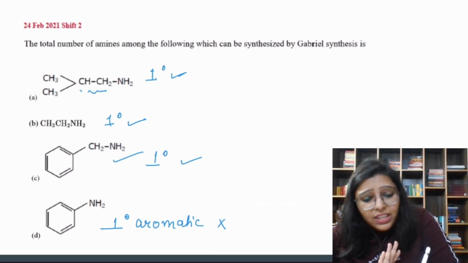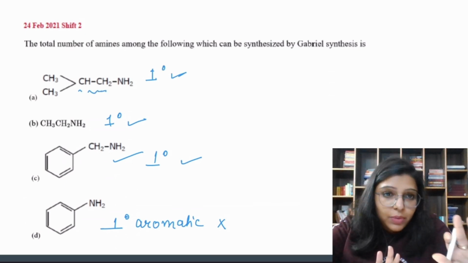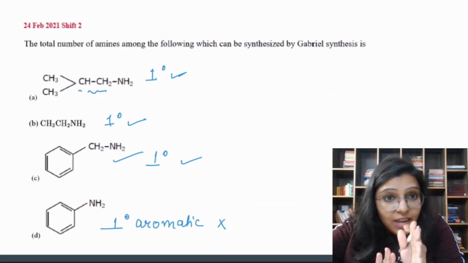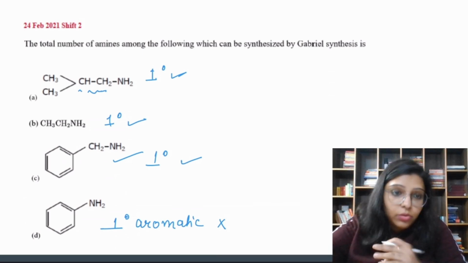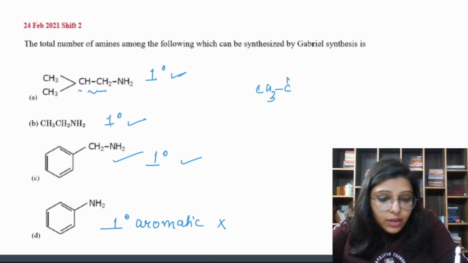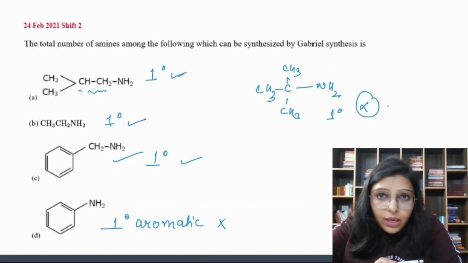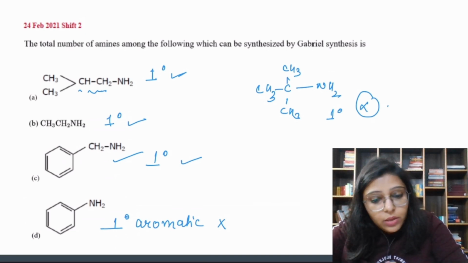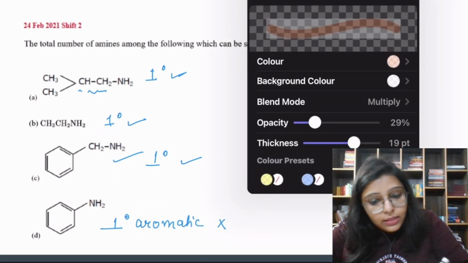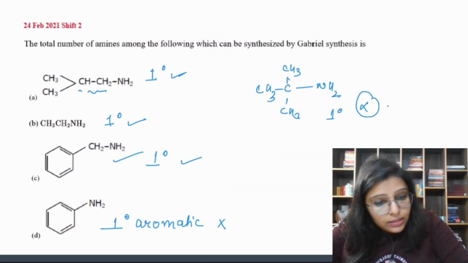So here we have CH2, so we can prepare this, right? But this NH2 cannot be bonded with the bulkier group, so we cannot prepare this. Suppose we have this, it is also 1 degree, but we cannot prepare this with it. So the total number of amines we can prepare is 3. Answer is 3.